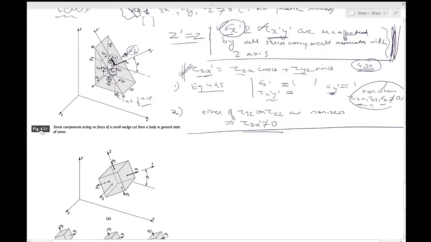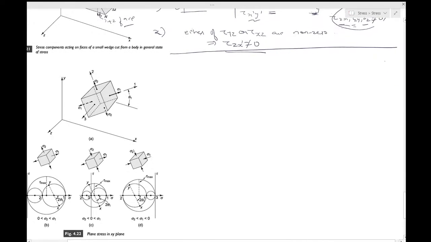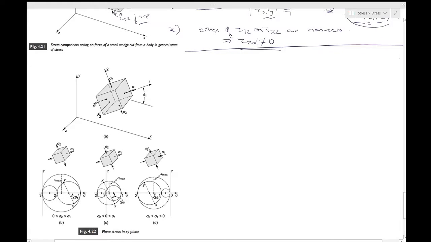And let's now move to the next part, which is we now consider further the case of a plane stress. Let's for a moment come back to plane stress. We now consider the case of plane stress and investigate the stress components referred to axes which do not lie in that plane. We begin by showing in figure 4.22a an element from the plate of figure 4.14.